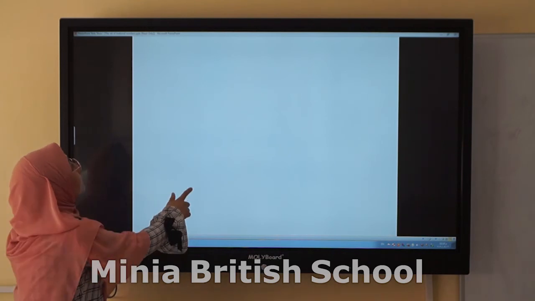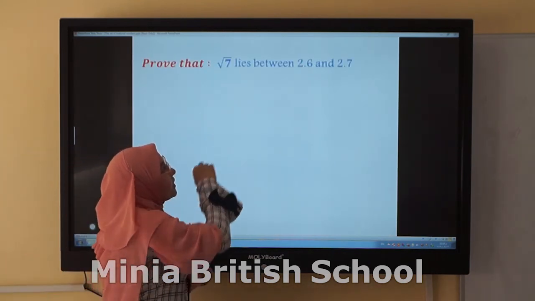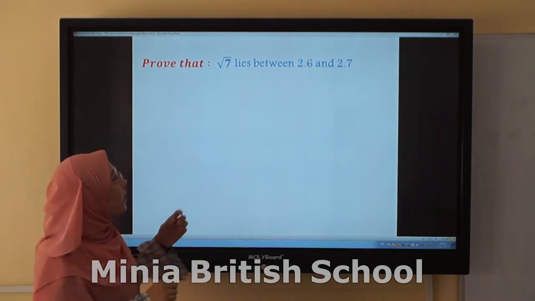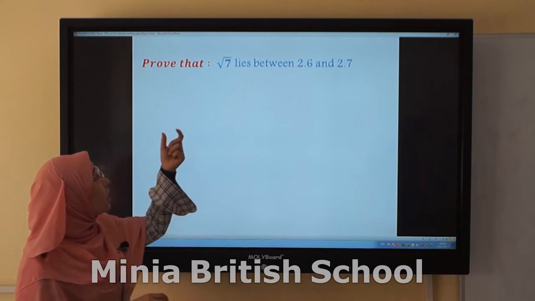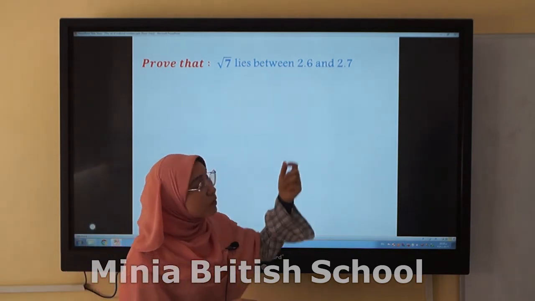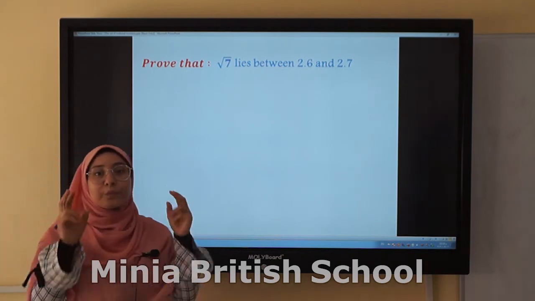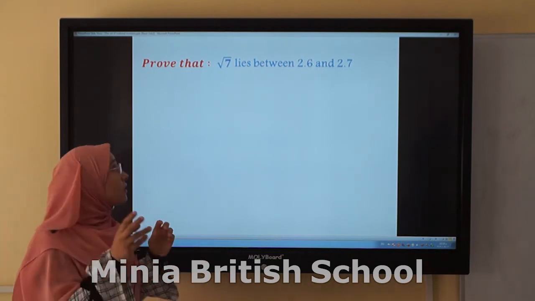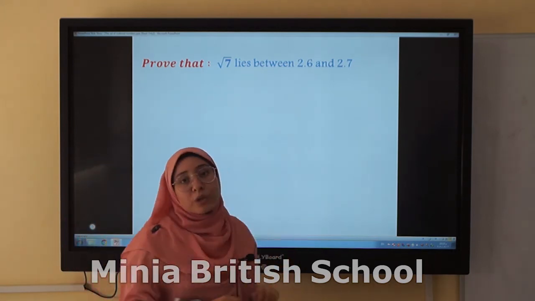Another idea. Now, prove that root 7 lies between 2.6 and 2.7, okay? Now, I need to find the squares of root 7, 2.6 and 2.7.